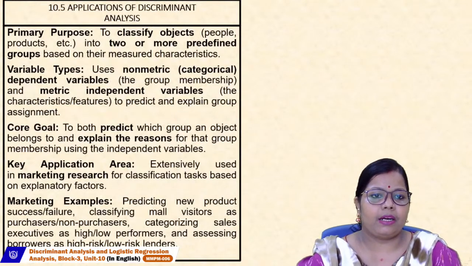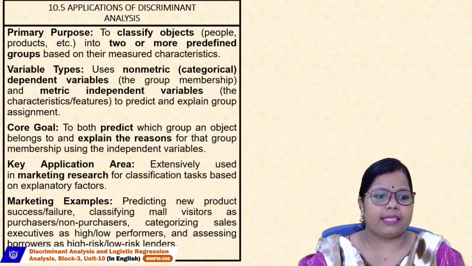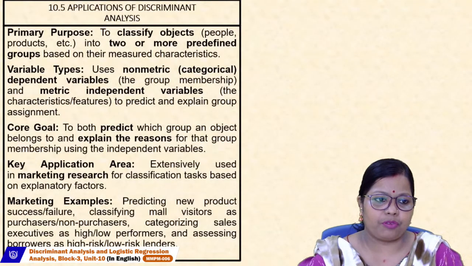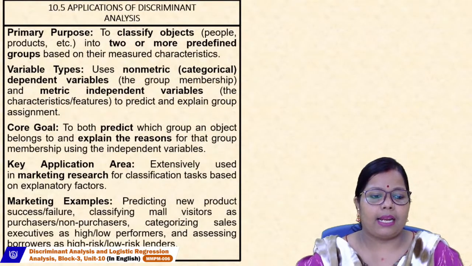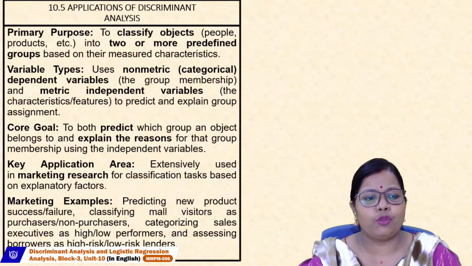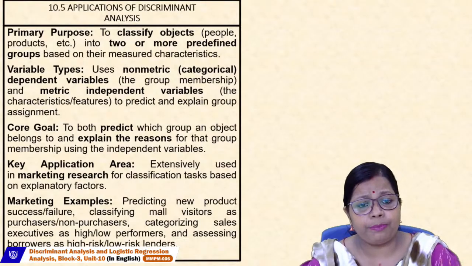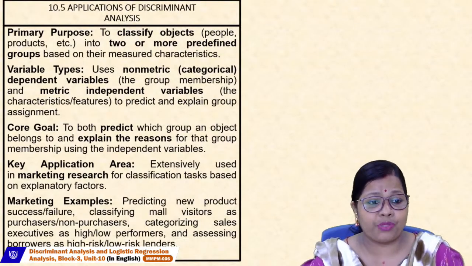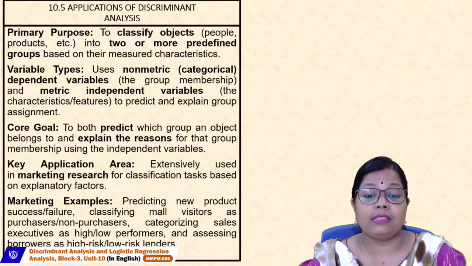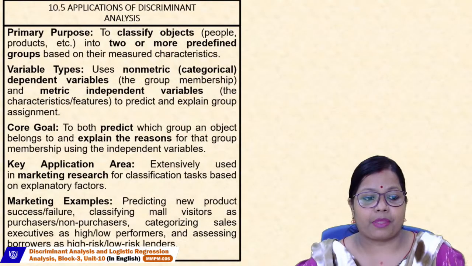When there is a set of independent variables and only one dependent variable, then we have to go for discriminant analysis. The core goal is to predict which group an object belongs to, and to explain the reasons for that group membership using the independent variables.